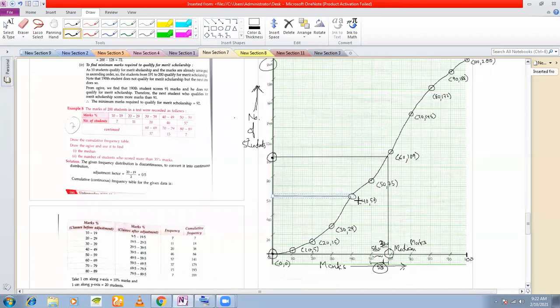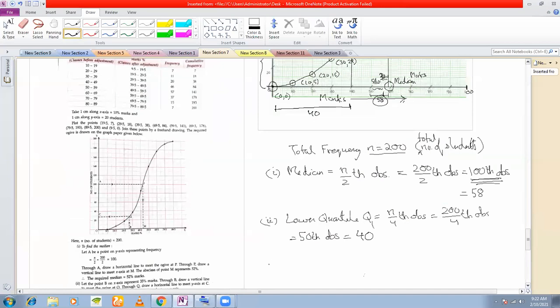Okay, so this comes to 40, because actually the coordinate is only 40, 50. So if you have 50 students here, then this has to be 40. So clearly the first quartile, or the lower quartile, is 40.